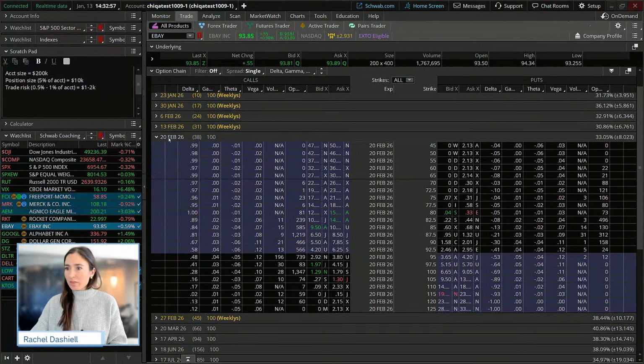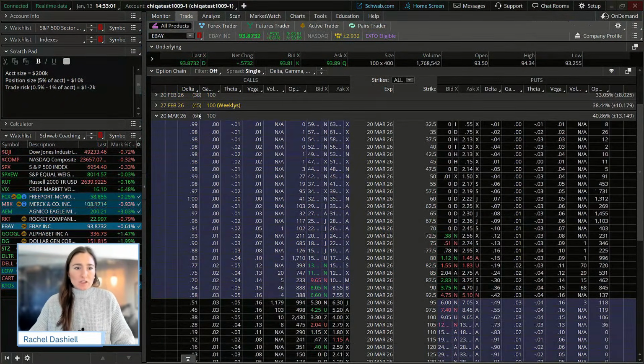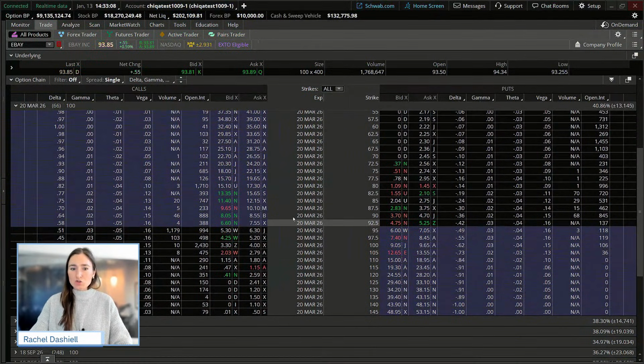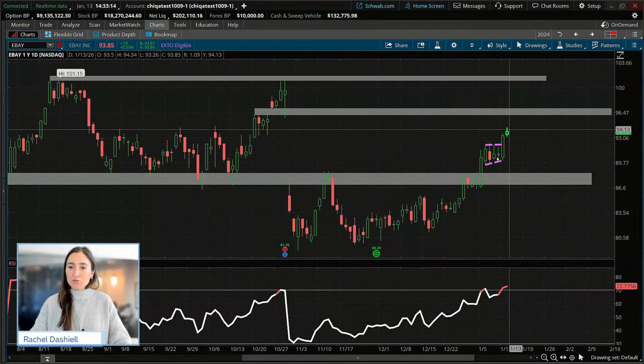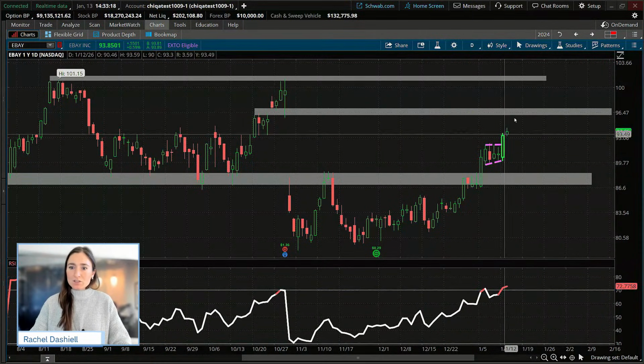I'm going to look a little bit further out, at the 20th of March with 66 days left until expiration. That gives price a little bit of time to make a move. I am bullish in this sense. I've seen that price and momentum look like they are trending to the upside.